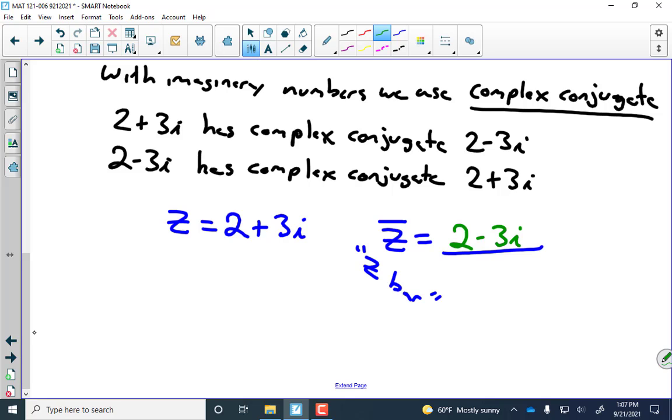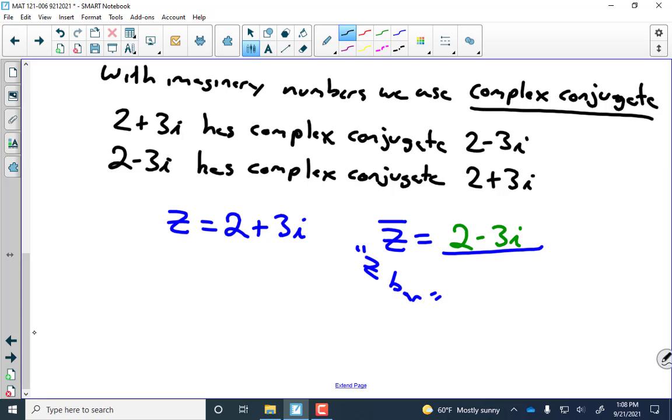So there's really two cool things about these complex conjugates, the ones with the imaginary numbers in them. The first cool thing is that they come together as zeros. So when you're finding the zeros of a quadratic, and they're imaginary, there'll be these complex conjugates, there'll be these pairs. The other thing that's cool is if you multiply a complex number by its complex conjugate, you get a real number.